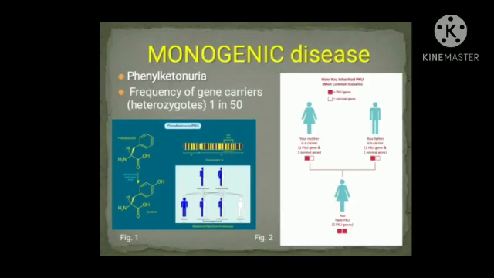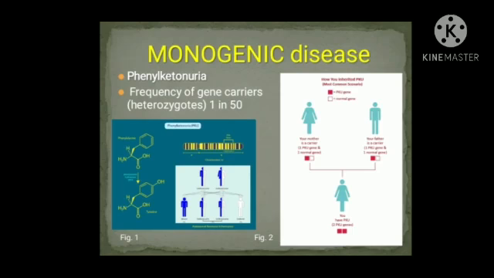So of 3 healthy parts, one is absolutely healthy, 2 are heterozygotes, and 1 part will have the disease, homozygotes of the recessive disease gene.